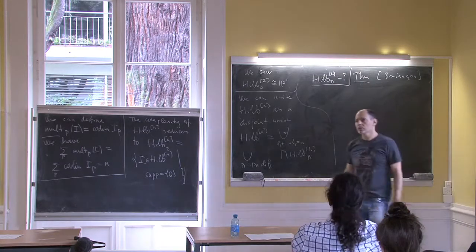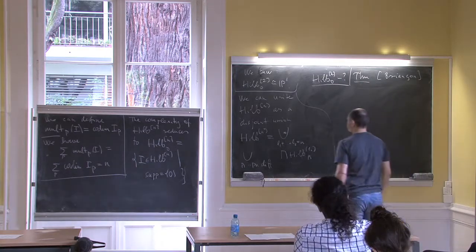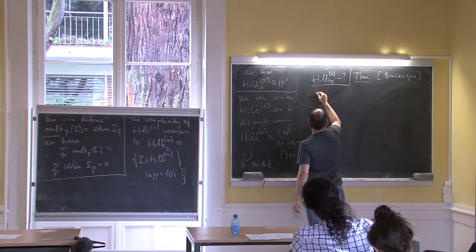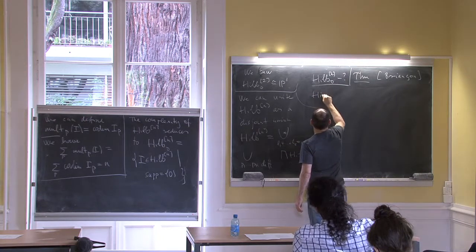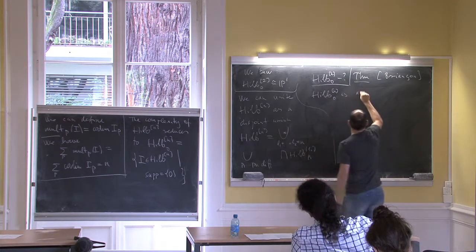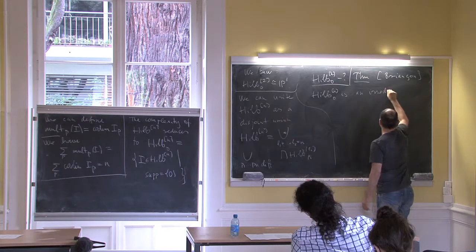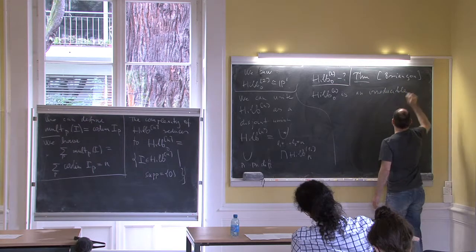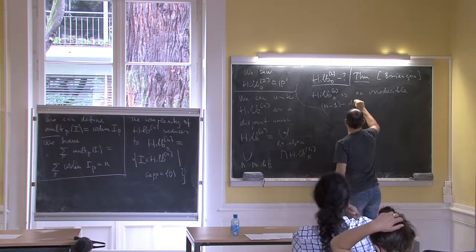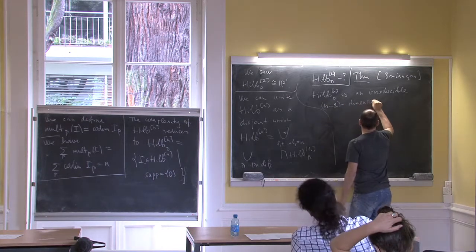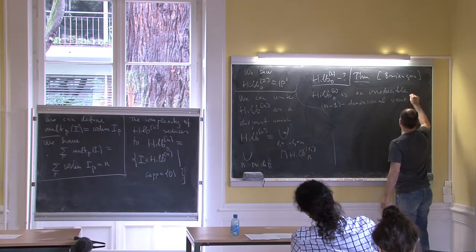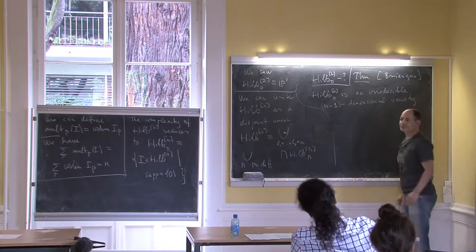and it says the following: Hilb n at 0 is an irreducible n-1 dimensional variety.